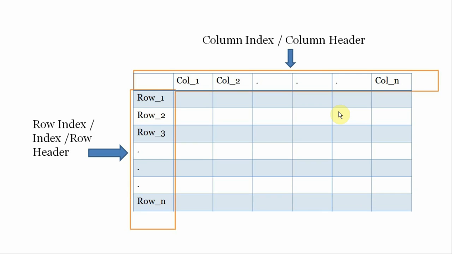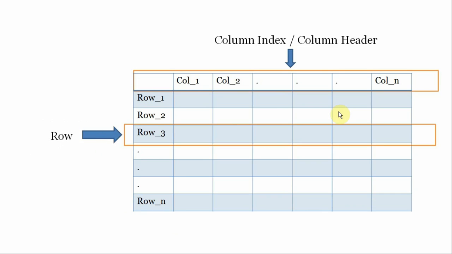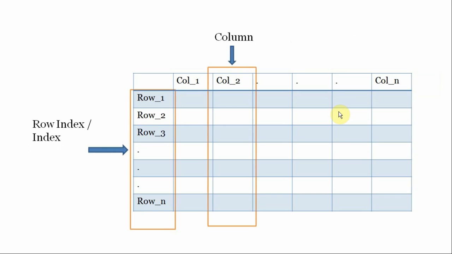In tabular data, each row consists of all the column cells and each column consists of all the row cells. The individual block of row or column is known as a cell.